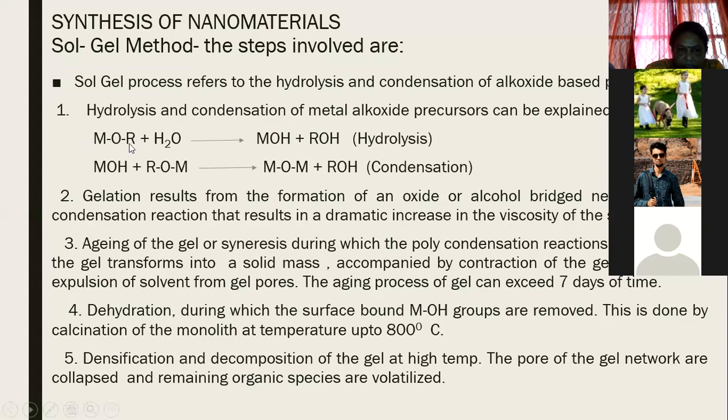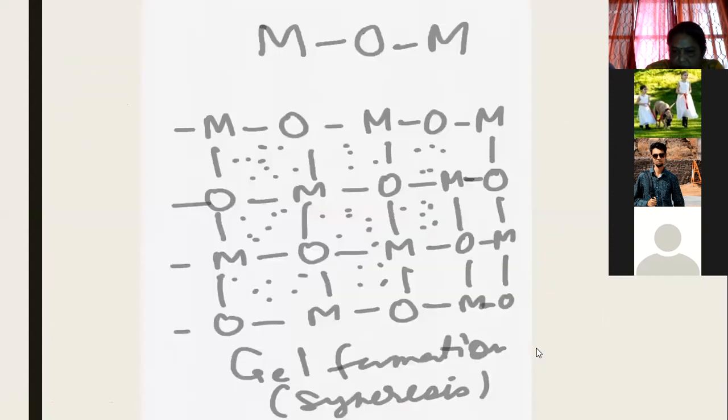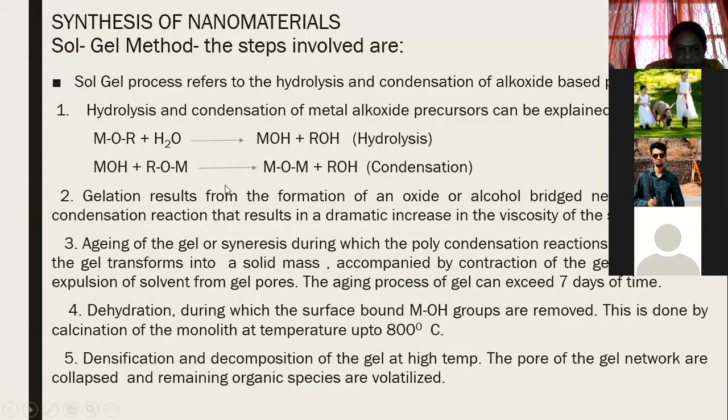This salt is dissolved in water, and when it is dissolved in water, this process is known as hydrolysis. After this happens, with the metal alkoxide dissolved in water, we have these two molecules, metal hydroxide and alkyl hydroxide.